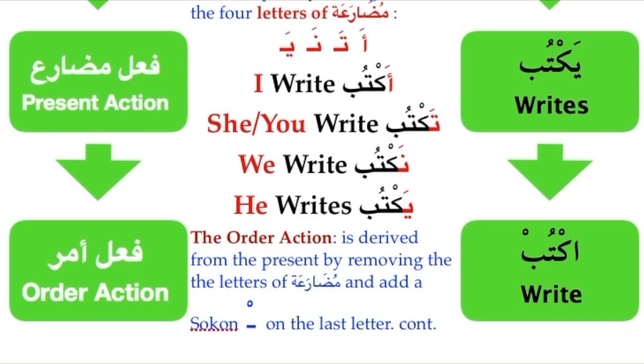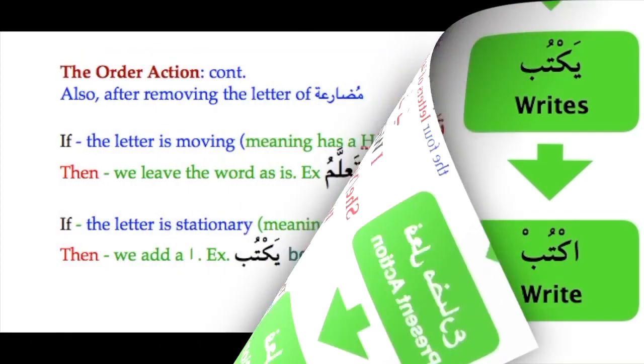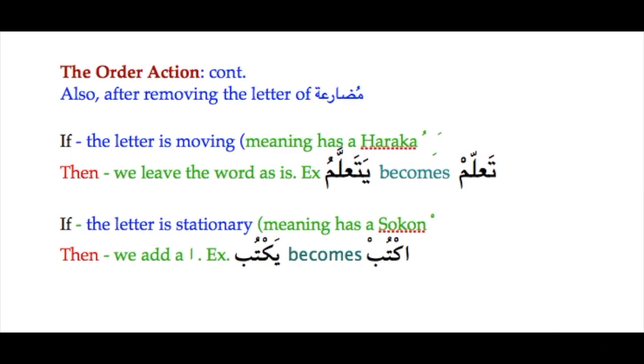Now, our last and final ishtiqaq, we're going to derive fi'l amr from fi'l al-mudari. We're going to derive the order action from the present action. We're going to do this first by removing the letter of mudara'a and then adding a sukoon at the end. But we don't stop there.